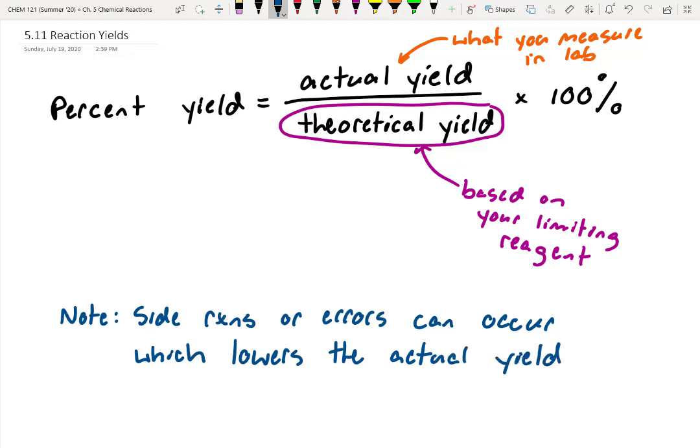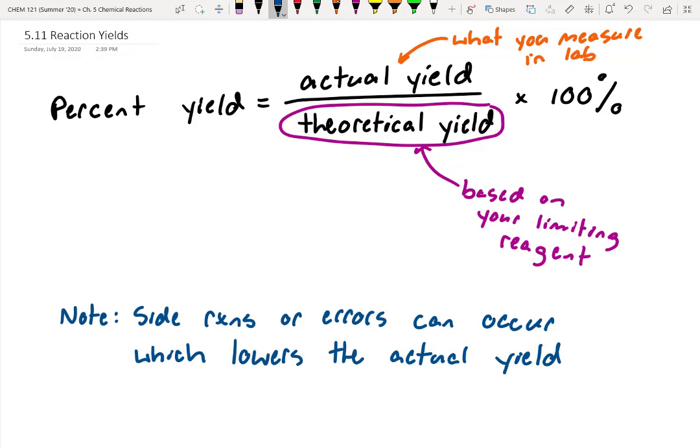So in the example of the space shuttle, maybe we lost some hydrogen due to venting. Maybe there was incomplete combination. Maybe at one point we were delivering too much hydrogen and it couldn't react fully with the oxygen. Things like that mean that in reality, no reaction gives exactly 100%. We can get really, really close, but most reactions are going to be below 100% yield.